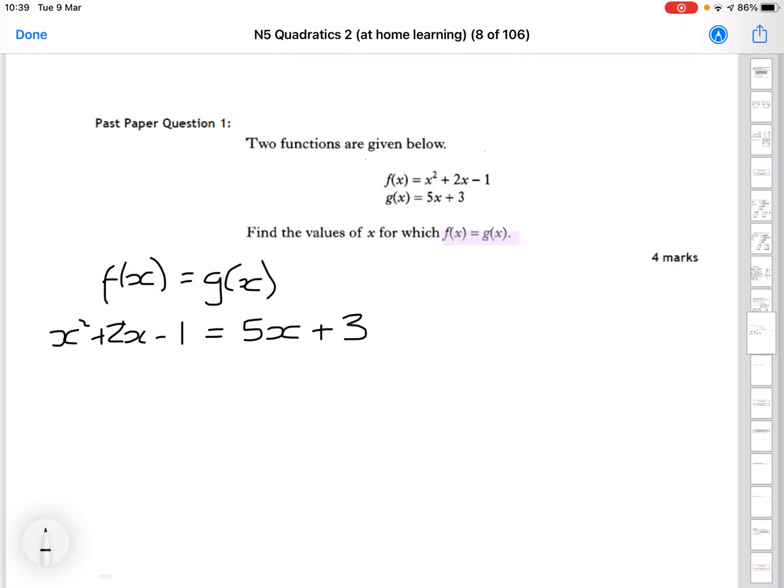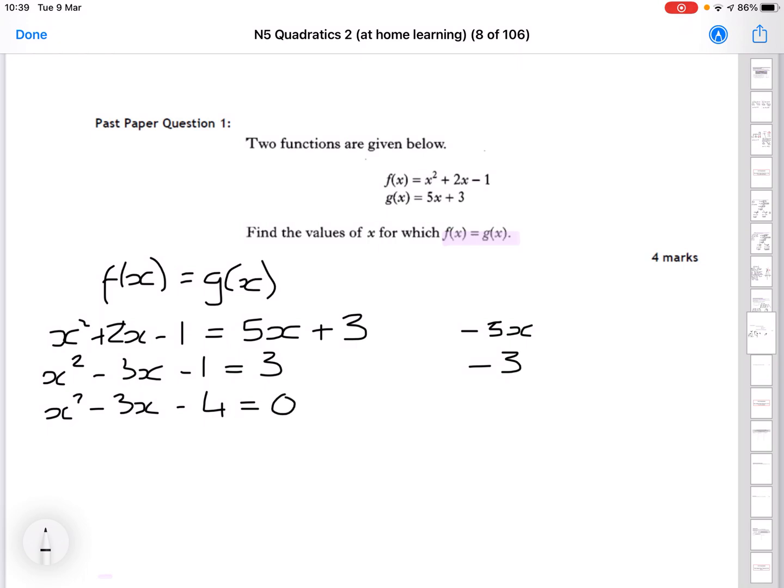So the first thing we'll do is take away 5x from both sides. So that will give us x squared minus 3x minus 1 equals 3. And then we'll also take away 3 from both sides to get everything to the left. So that's going to give us x squared minus 3x minus 4 equals 0.